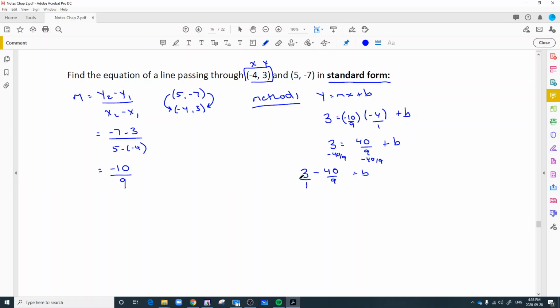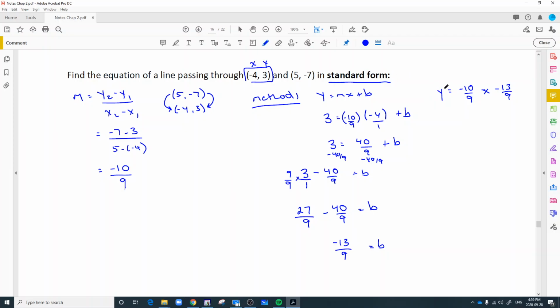We're going to create a common denominator, so I'm going to multiply by 9 over 9. I get 27 over 9 minus 40 over 9 is equal to b. 27 minus 40 is -13 over 9 is b. Ugh. So my equation is y is equal to -10/9 x minus 13/9.